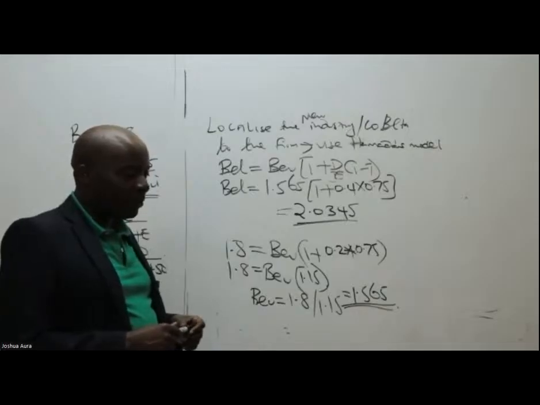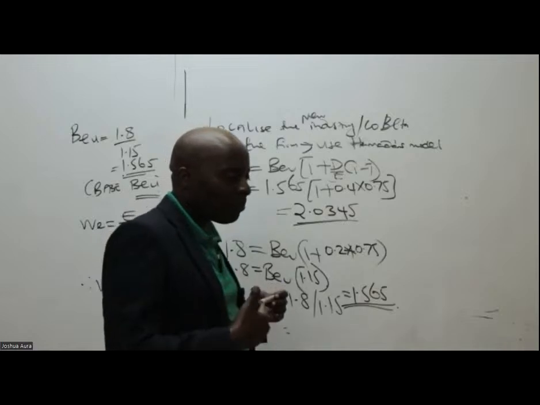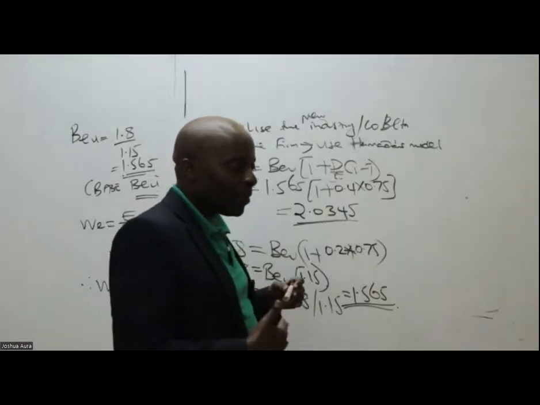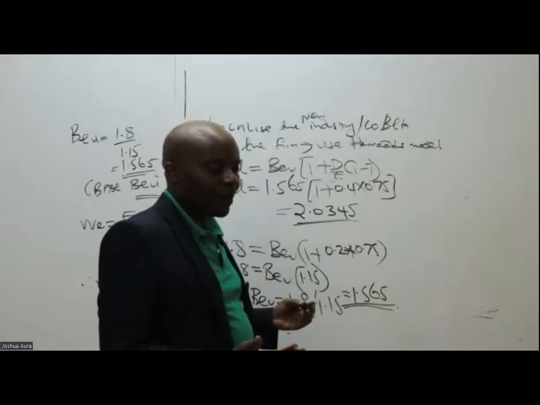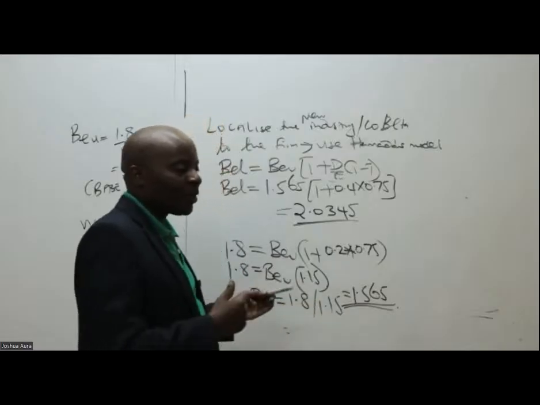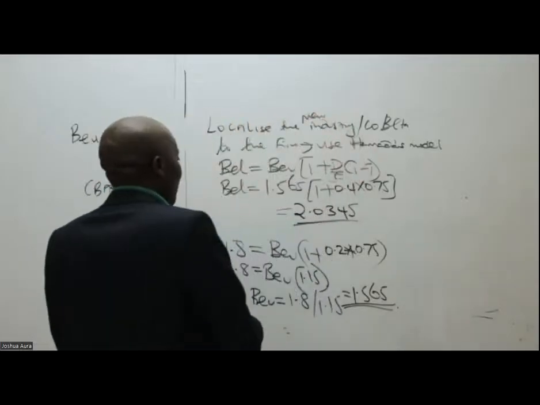Remember, we can't calculate KEU here, because I would have gone for KEU if they spoke of a company that is 100% financed with equity. This firm has both debt and equity.